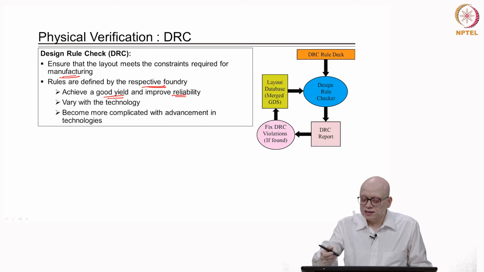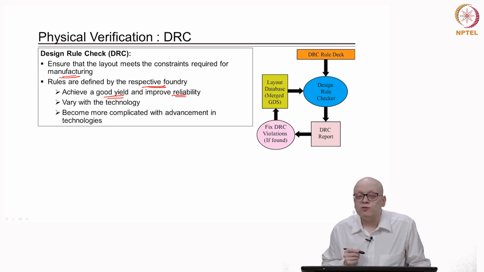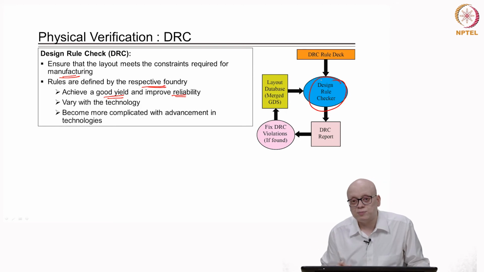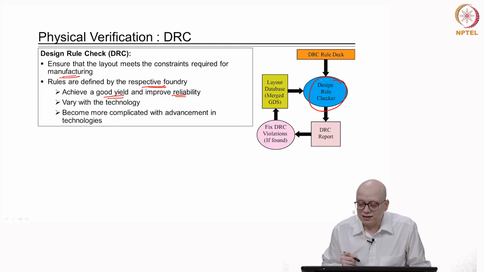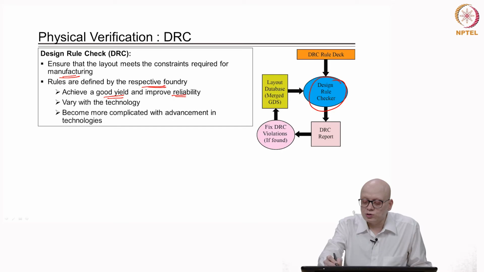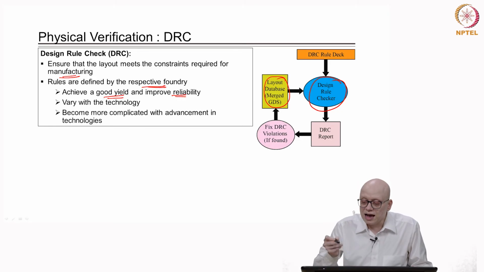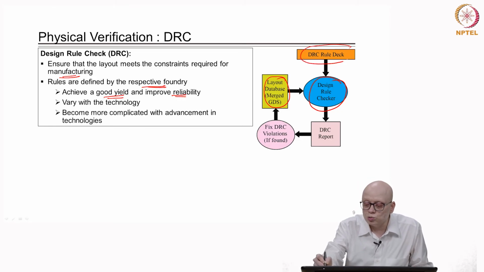This figure shows the framework of design rule check. This is the basic tool that performs design rule checking. What are the inputs? The first input is the layout database, that is the merged GDS that we discussed previously, and then the DRC rule deck.